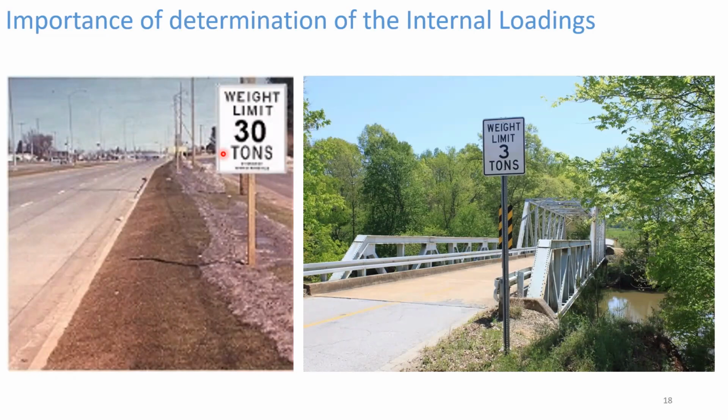Weight limit is 30 tons. Weight limit is 3 tons. Why do they say that? Especially on a bridge, they mention the maximum load you can carry across the bridge. Why?